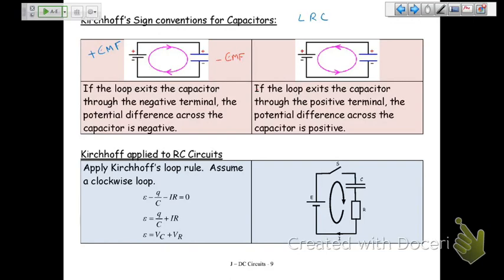Okay, let's apply Kirchhoff's loop rule to this. So we have our EMF. Curly E means the voltage of your battery, so curly E is EMF.